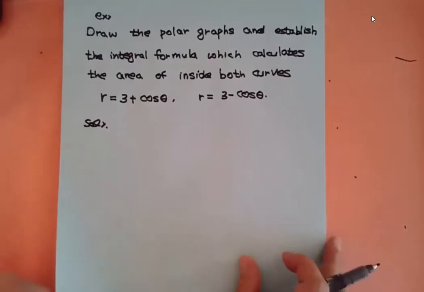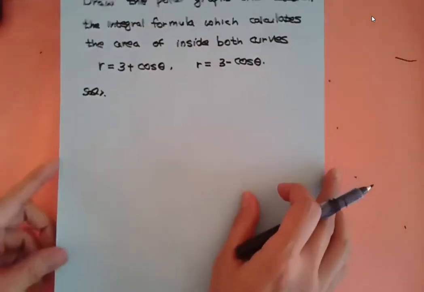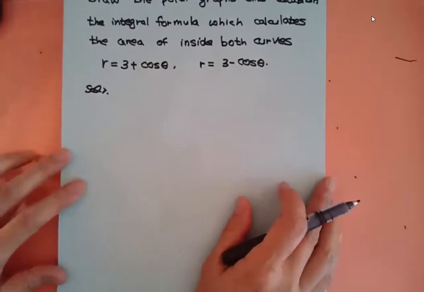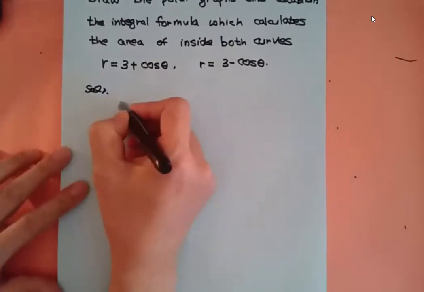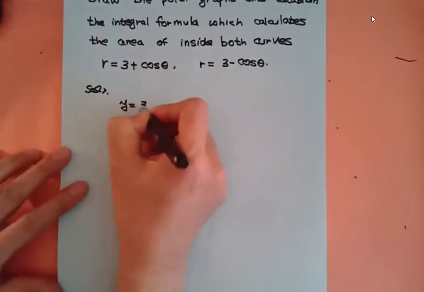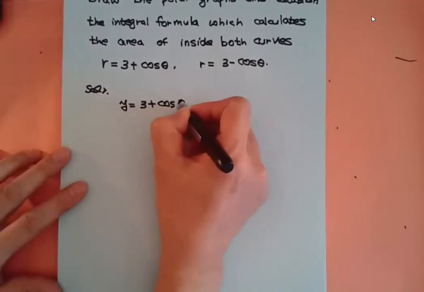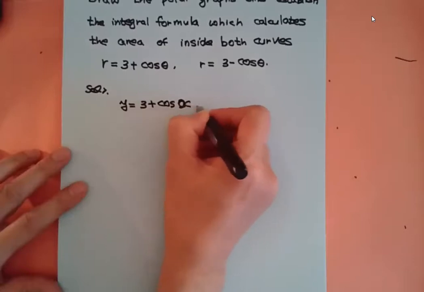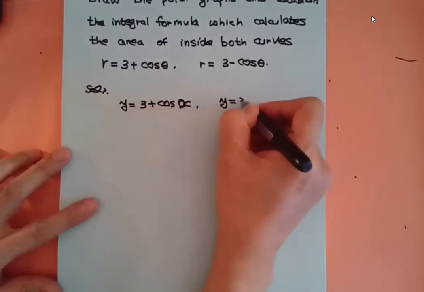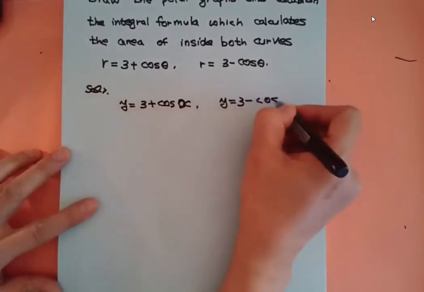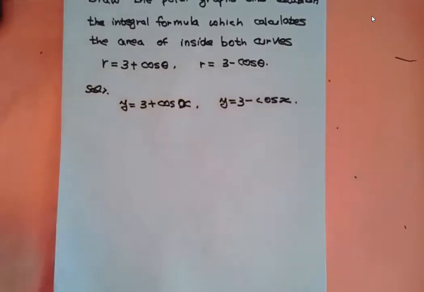As we have been doing to draw the polar graph, we graph y equals 3 plus cosine of x, and y equals 3 minus cosine of x.